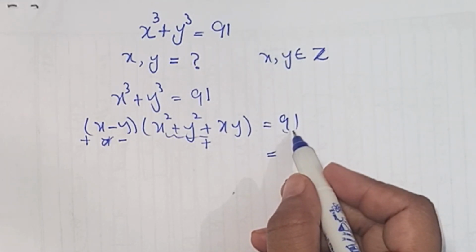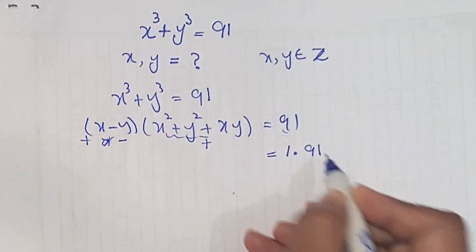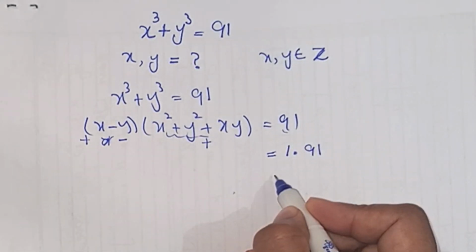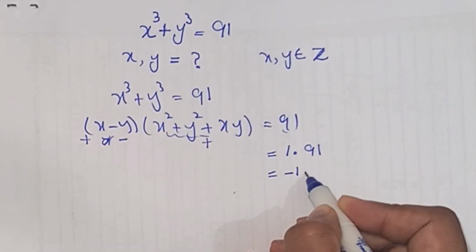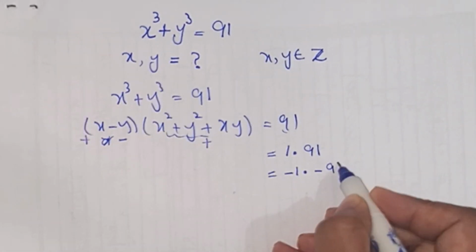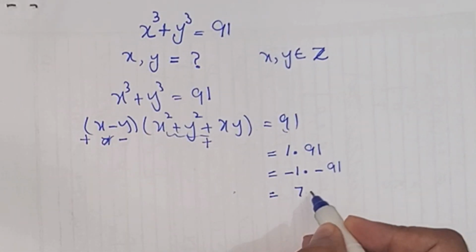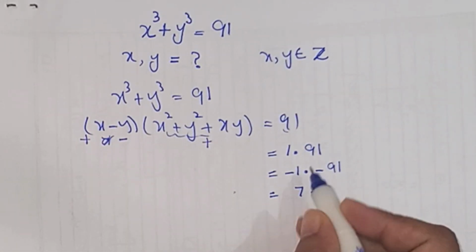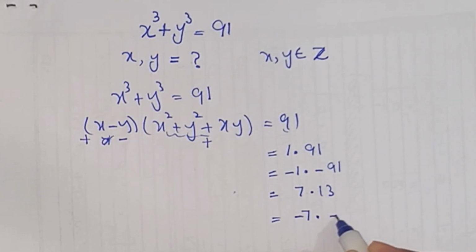The first factor of 91 will be 1 multiplied by 91, the second factor will be minus 1 multiplied by minus 91, the third factor will be 7 multiplied by 13, which is also equal to 91, and the last factor will be minus 7 multiplied by minus 13.